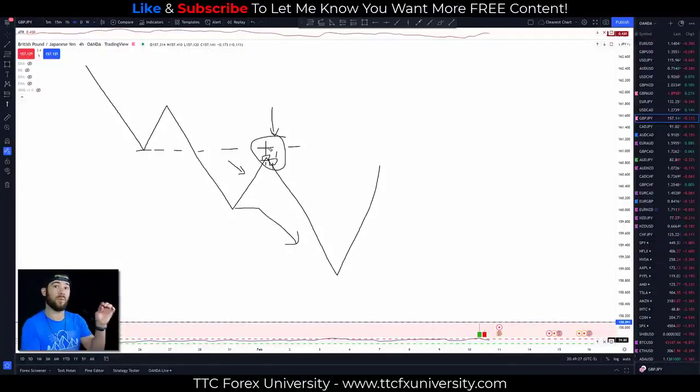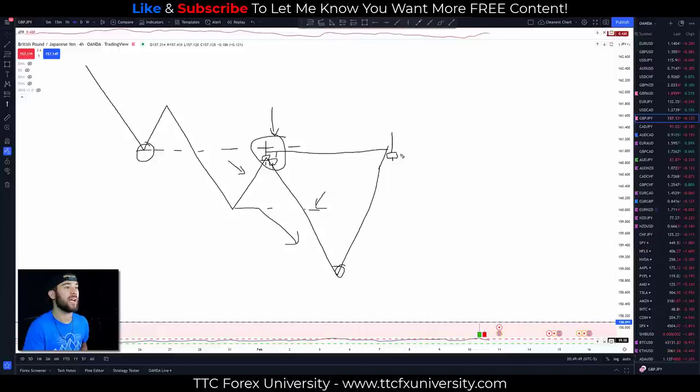A good hint that we're at the end of a pullback is the previous level of support during a downtrend, or the previous level of resistance before the break into new lows. So with that being the case, these are the two levels I would be paying attention to and looking for this type of pattern in. And if we got this type of pattern in either of these cases, it may be something I consider trading based on the rules of this philosophy of trading.